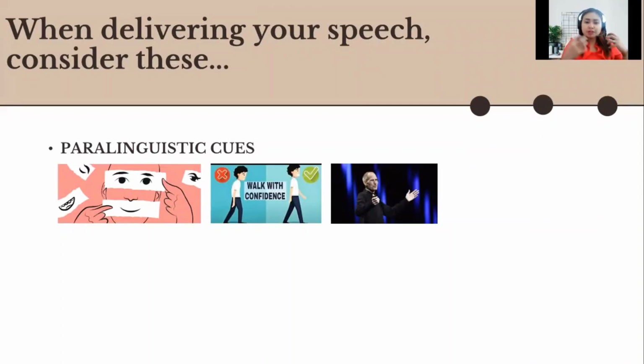So, facial expression can help relay the message to your audience. For example, if you are relating an anecdote, and you want your audience to somehow imagine the experience or the situation that you're relating.